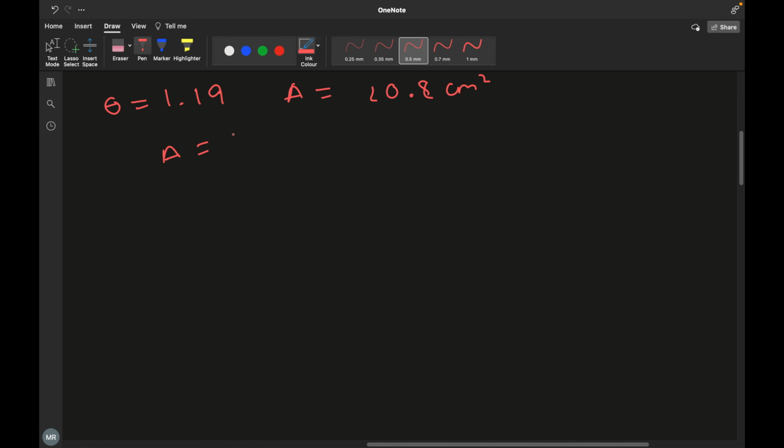So we know that area equals 1 divided by 2 theta r squared. So r squared is 2A by theta, and r would be the square root of 2A by theta. We're not taking plus or minus because length cannot be a negative value. So it's going to have to be the positive value. Now let's substitute the values in.